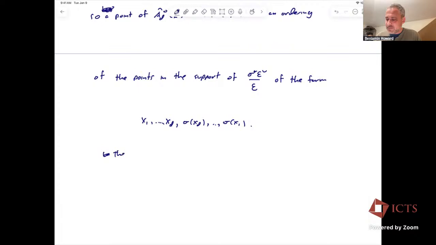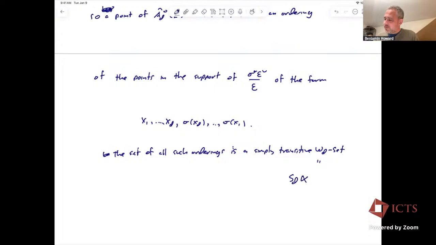So the set of all such orderings is a simply transitive WD set, where the symmetric group acts just by reordering x1 through xd, and then when you reorder those, you just simultaneously reorder these appropriately to retain this sort of mirror symmetry that it has.